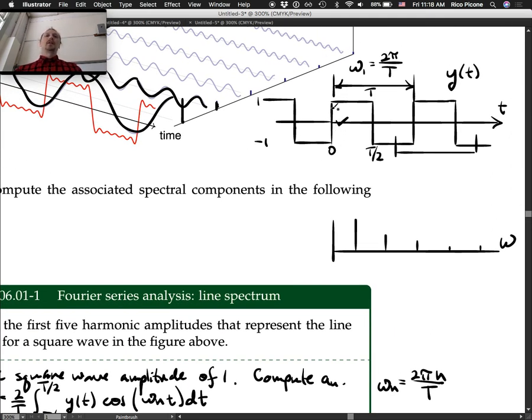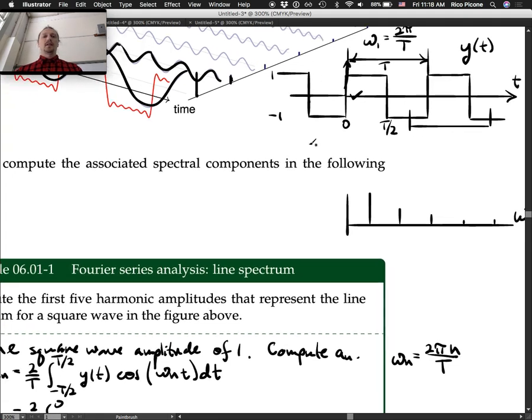So from 0, so this is our 0. So negative T over 2 to 0 is negative 1, right? Good.